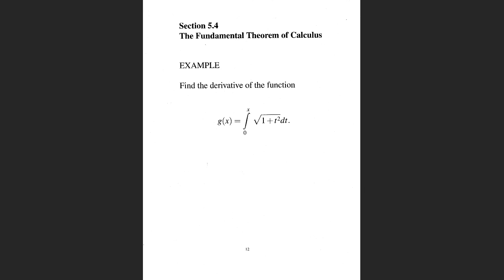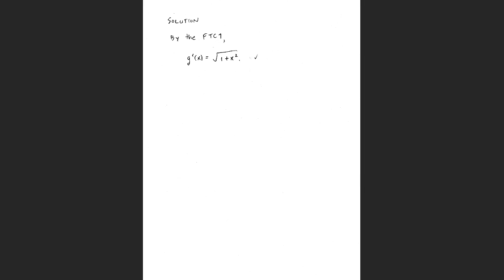Okay, so here's our function, g of x, and we want to find its derivative. Well, by the fundamental theorem of calculus, part 1, g prime of x would be the square root of 1 plus x squared. So our f of t for that problem was equal to the square root of 1 plus t squared.